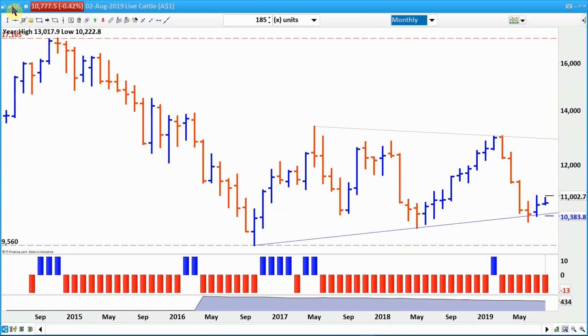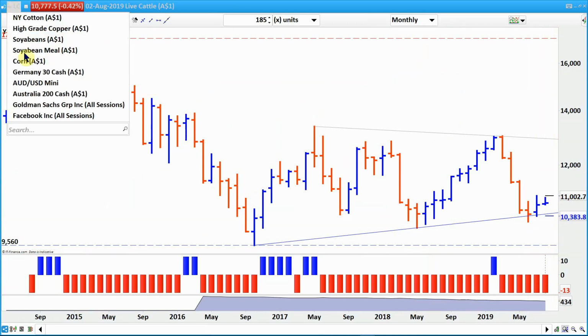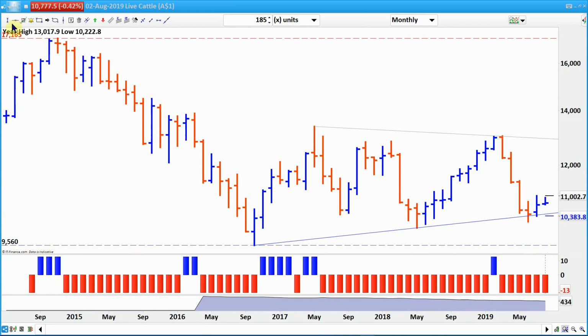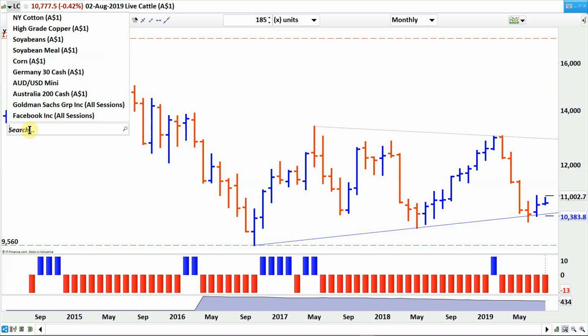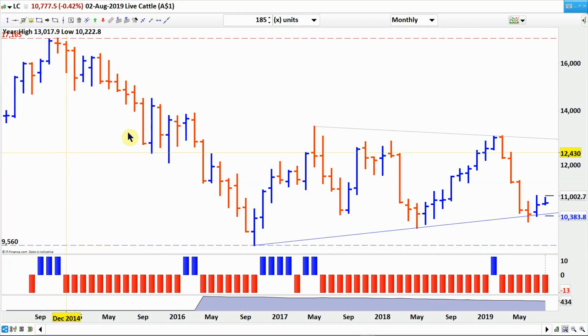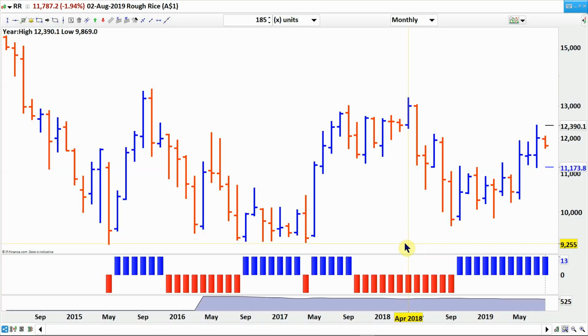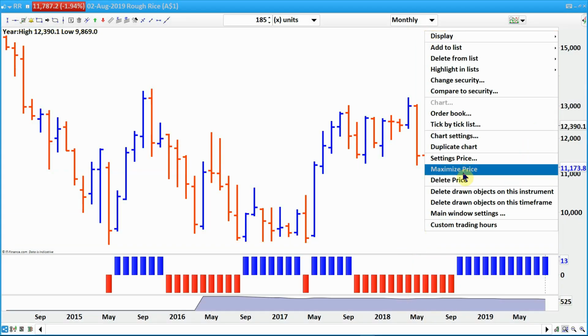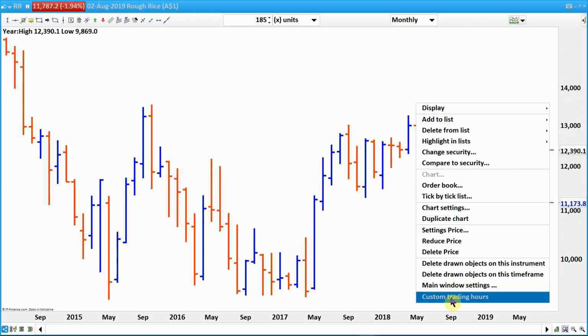Last one, RR, please. Last one, Sri is saying RR. Rough rice. I think it is having a short possibility. Alright, so this is rough rice, maximize price.